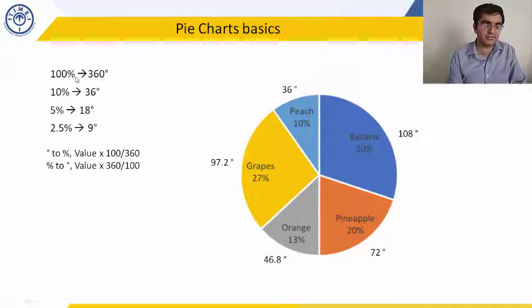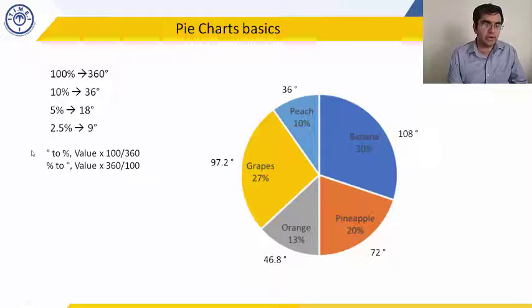Just remove one zero on either side. And if you half both of these items, then 5% corresponds to 18 degrees, and further multiply by half on both sides, and you get 2.5% corresponding to 9 degrees. So these basic values you need to know for some quick conversions of degrees to percentages or percentages to degrees.